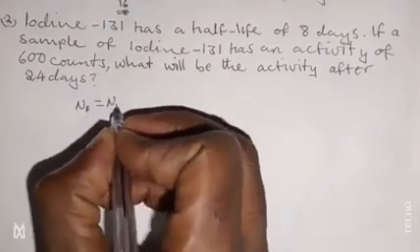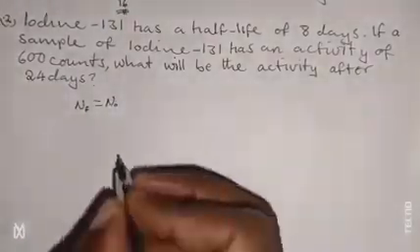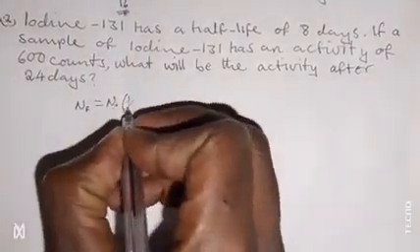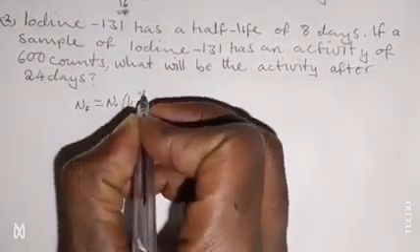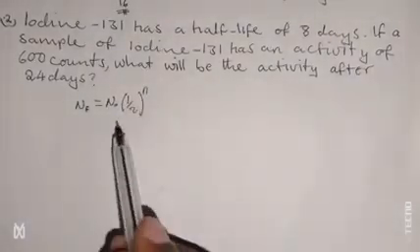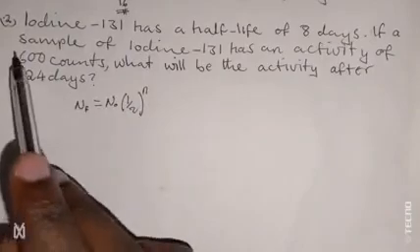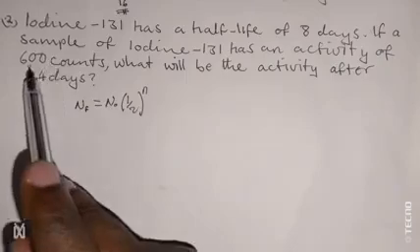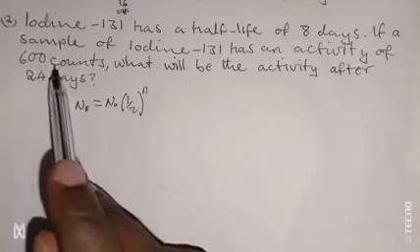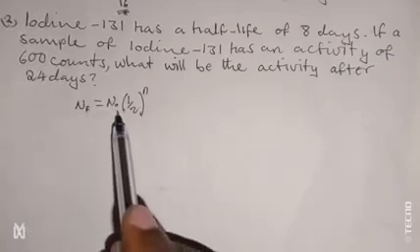Then N naught or I represents the initial. Then 1 over 2 to the power n. So in this case, our initial count is 600 counts, the one that we are going to put here.